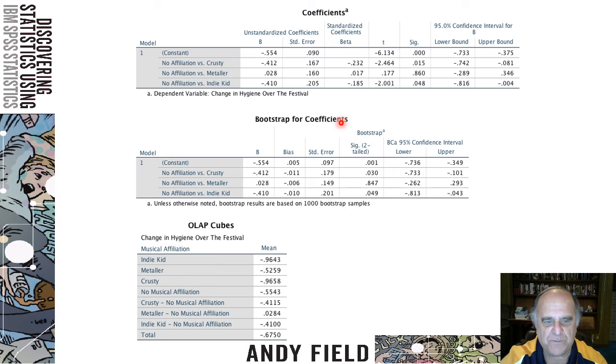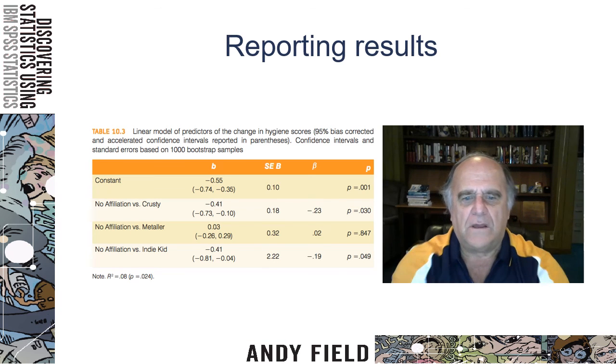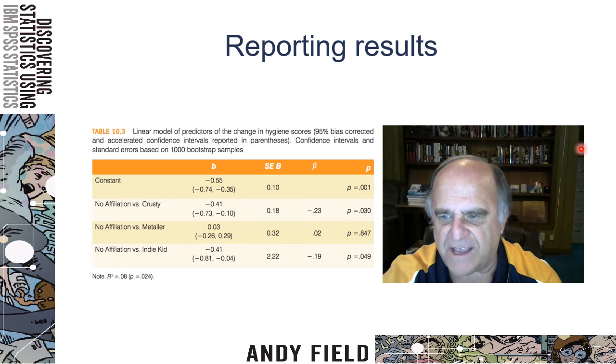And then he gives you his bootstrap for bootstrap coefficients, and then he gives you what are called OLAP cubes. Again, if you're interested in this, please take a look through the book for more details on all these things. Then he discusses how you can interpret the results, which again I think is always nice.